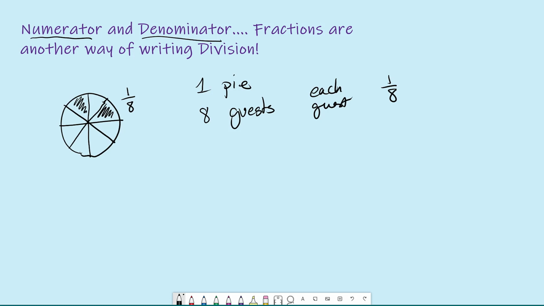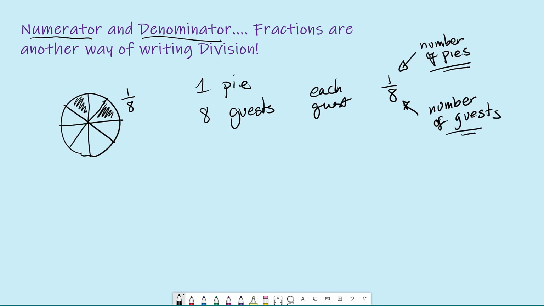Now, the important thing is that in this way of writing it, on top here we have the number of pies, and down here the 8 is the number of guests, right? Again, the pies are just an example here, and the number of guests is an example for any fraction.